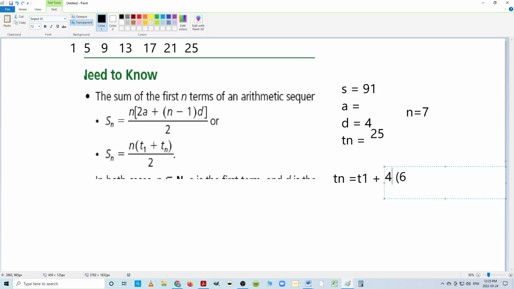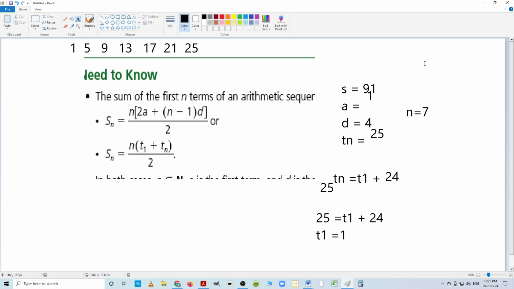They told me the difference is 4, so we're talking about 24. I know the last term they told me is 25, so really we're talking about 25 is equal to term 1 plus 24. It's clear that term 1 is equal to 1.